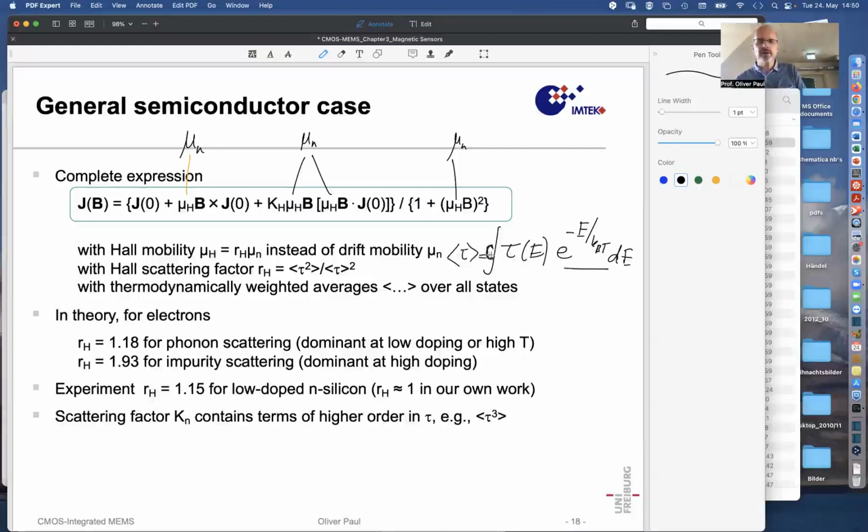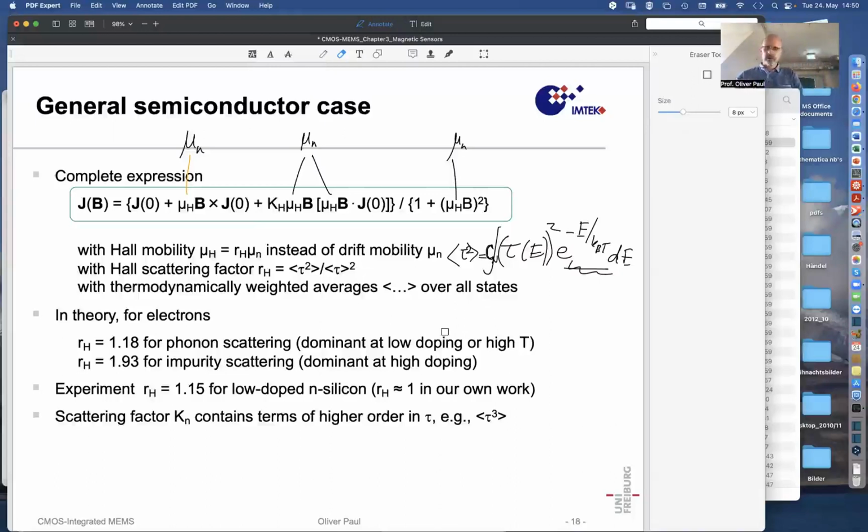So I should write Cn for normalization constant in front, so that this is all correct. And if we did tau square, then we would have to elevate this to the second power. If we write the average of tau, squared, it means the expression without the square, then squared. So it's clear that this is not 1. If you have a distribution and square what you integrate, and take the simple average and then square, this is not the same. So that's why these RH factors are not equal to 1.